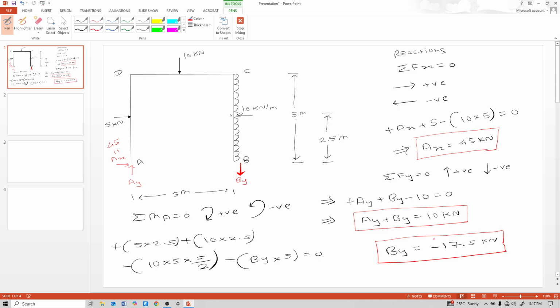Now next step is to calculate shear force and draw the diagram. First consider this AD, then DC, and then CB.